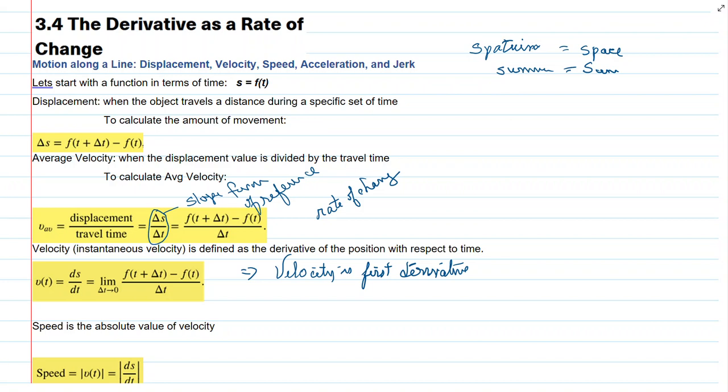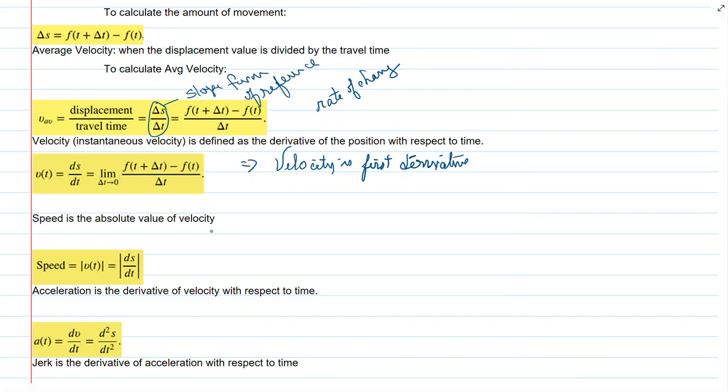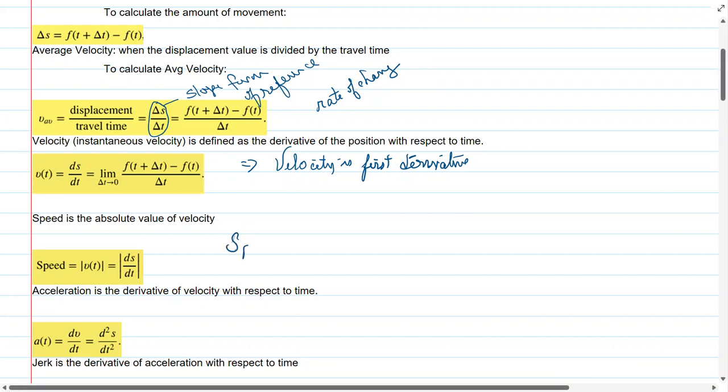Velocity is the first derivative. And then we've got speed. I had a problem earlier, and I think I left the negative on it. Speed is the absolute value of velocity.